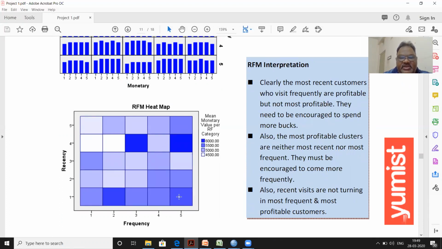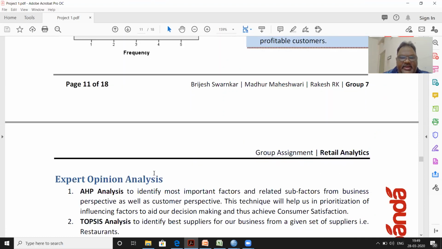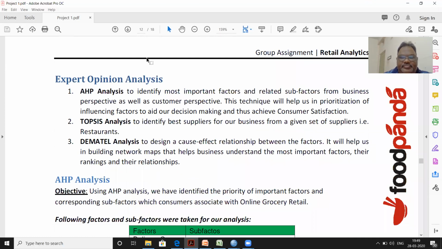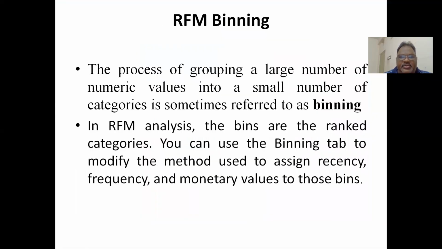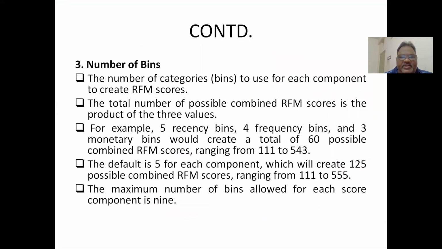These are recent visits, these are 5, and you see these recent visits are not turning into the most frequent and most profitable customers. That is a problem. Then let me explain. We already explained the meaning. I already explained the number of bins.